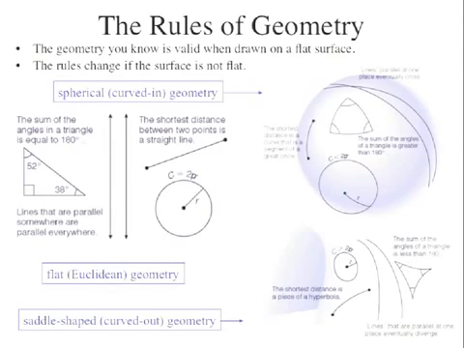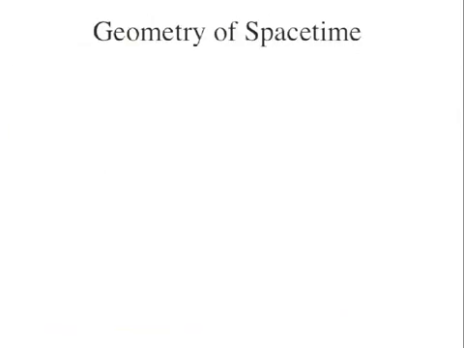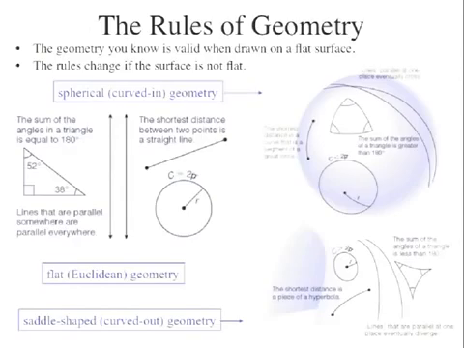But with this saddle one, if you try to fit it on a piece of paper and smash it down, you've got too much material. It doesn't fit. It has to be folded over to make it fit on a sheet of paper. So this one has too much material compared to the Euclidean space, and this one has too little.